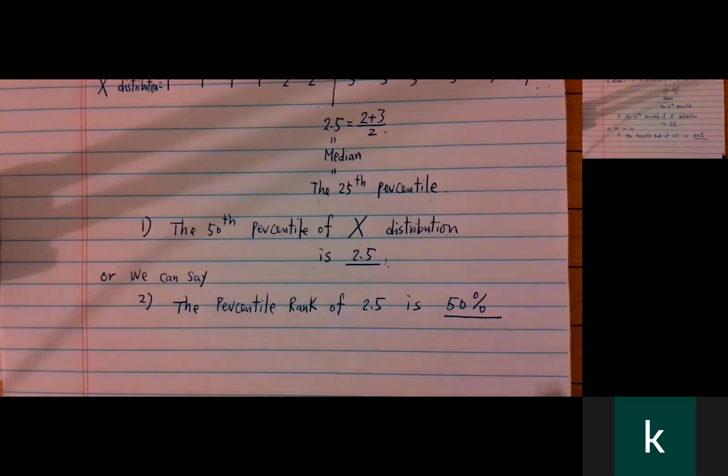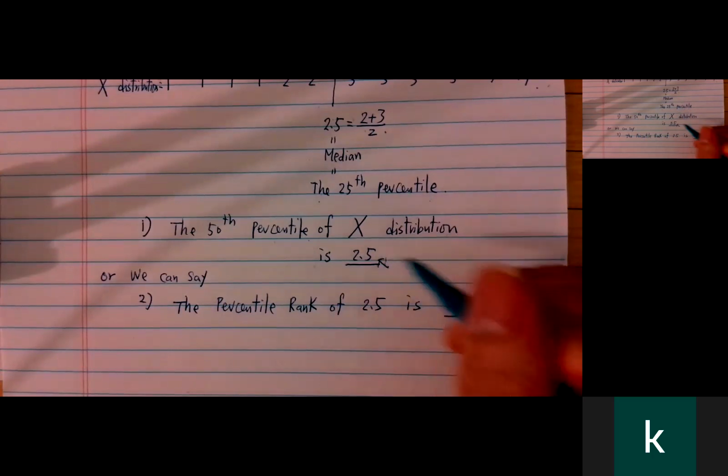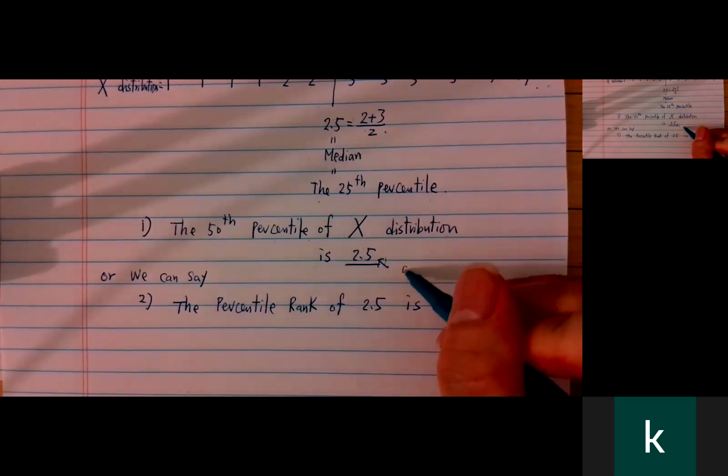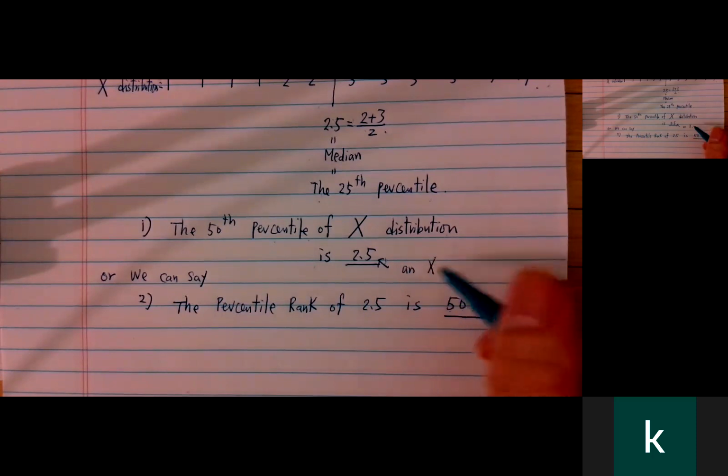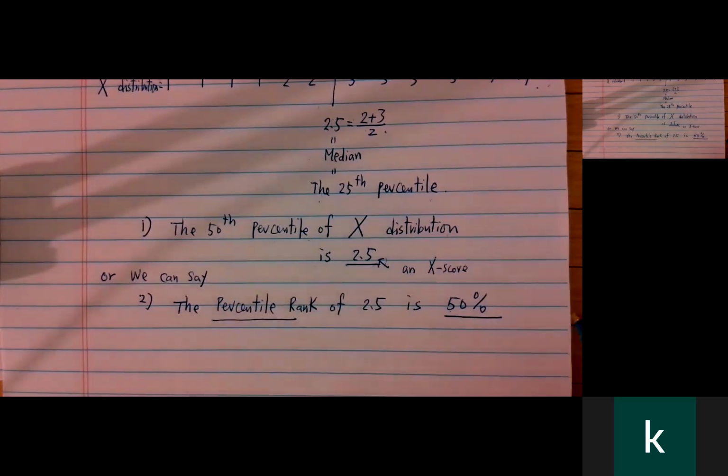Okay? So percentile refers to an X score, and percentile rank refers to a percentage. What percentage? Cumulative percentage.